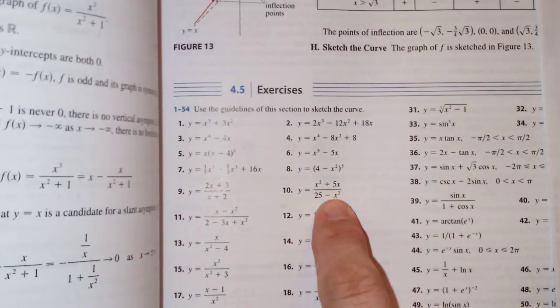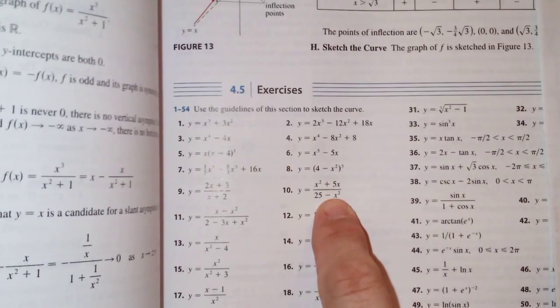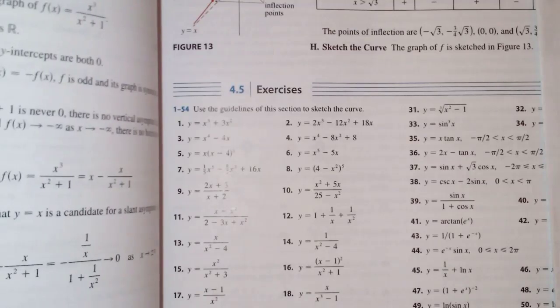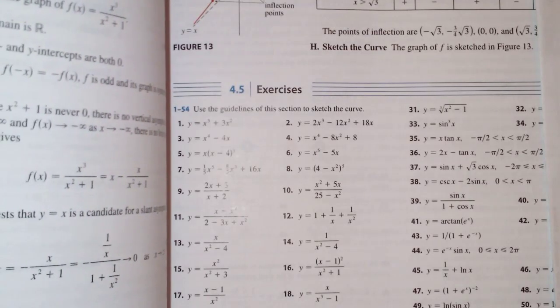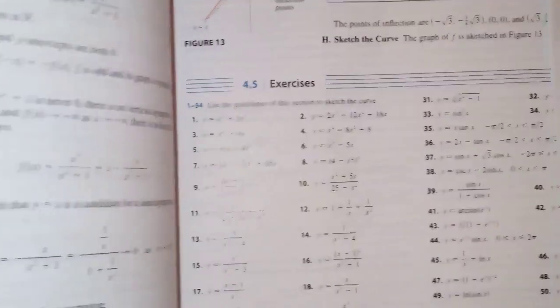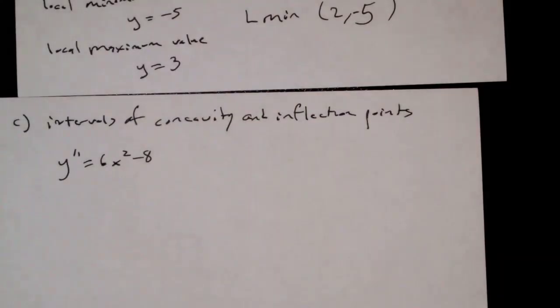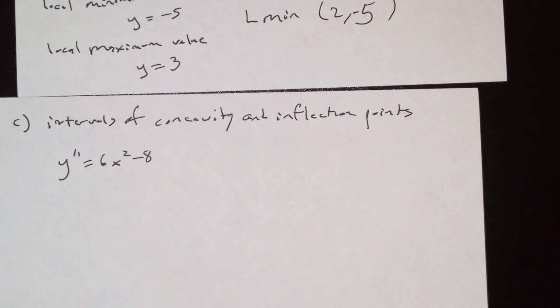I've got two places that it's undefined. I know right away those are going to carry through to F prime and F double prime as well. So I will have places where that's undefined. But if you can tell me at the very beginning, hey, this is a polynomial, it's never undefined, then you can carry that all the way through. So as long as you say it once, you're covered.